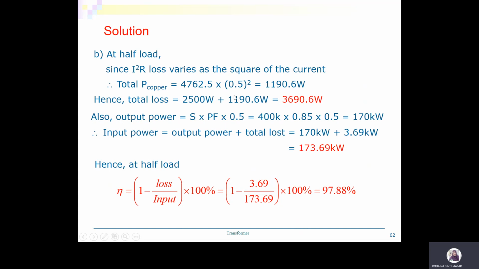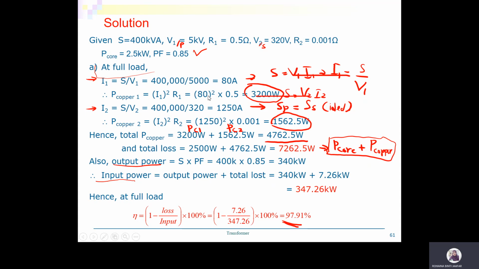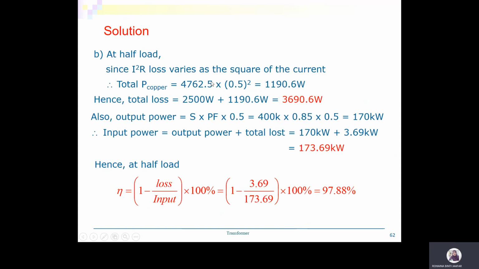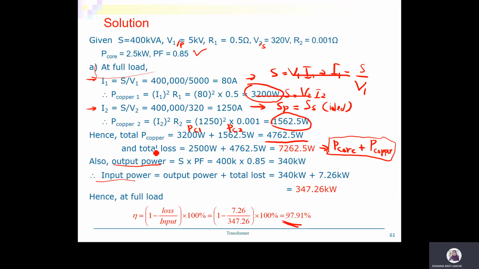Okay, and then you can skip the earlier calculation because you can directly get the total copper loss at half load using this formula.